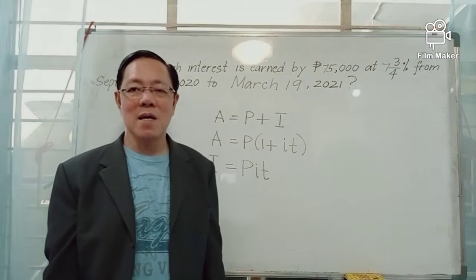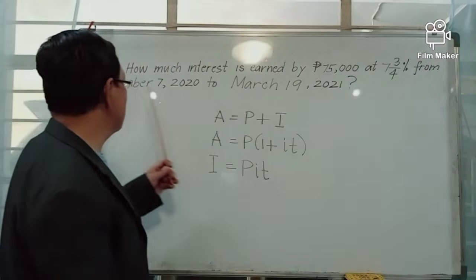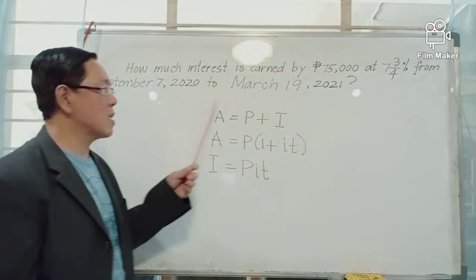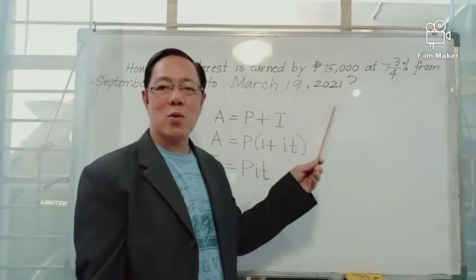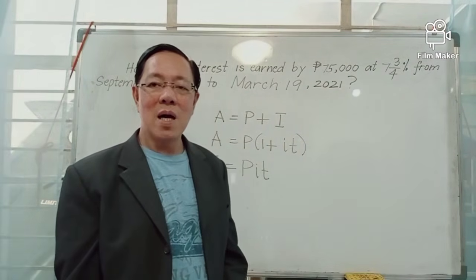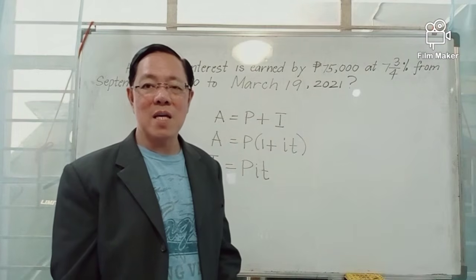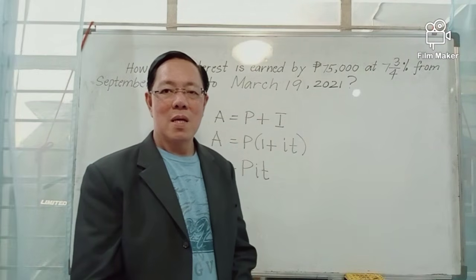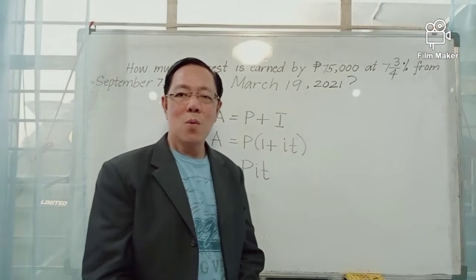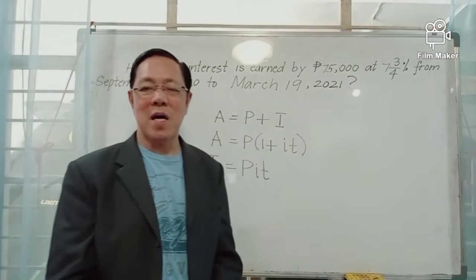And you also find the exact number of days from September 7, 2020 to March 19, 2021 by taking the exact number of days in each month of the year, and by taking 1 year equals 365 days.